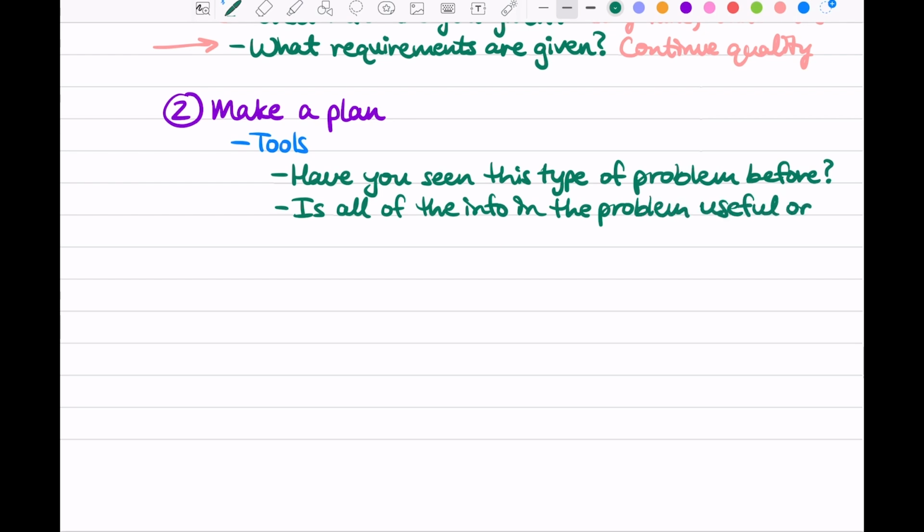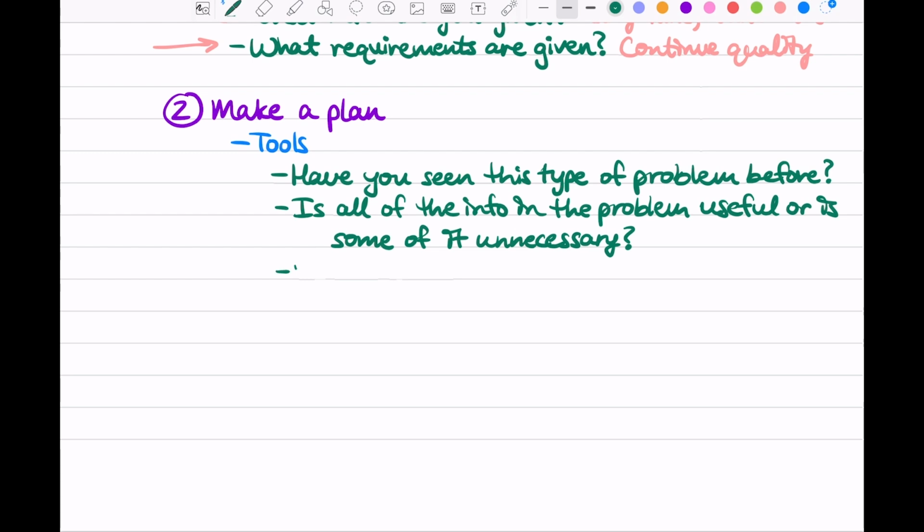Or is some of it unnecessary?" When you have a real world situation, you'll have a lot of information, and you need to figure out what information is useful to solve my problem.